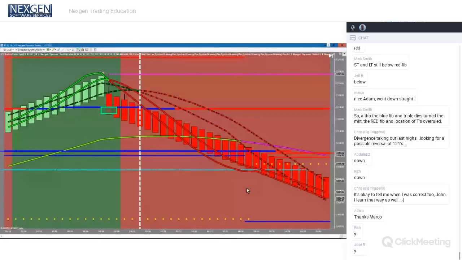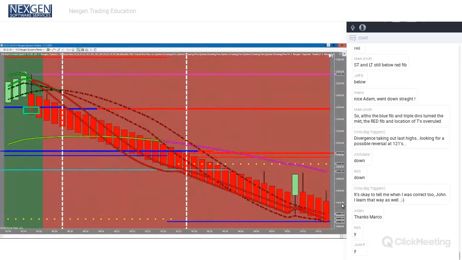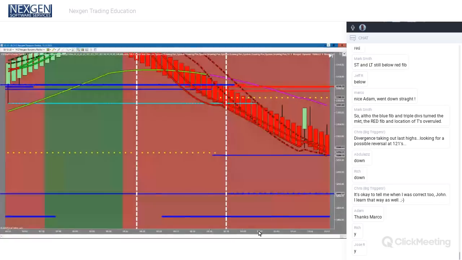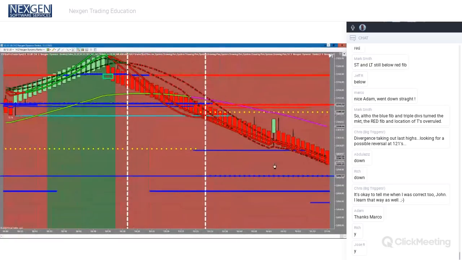And then more confirmation as we start to break the areas, shorts or nothing, starting about right here. Right? Once the triggers start getting below the areas.